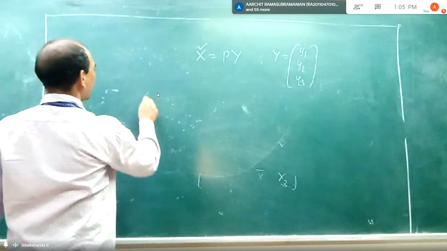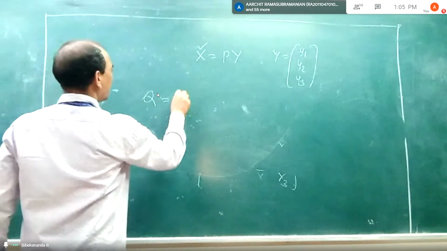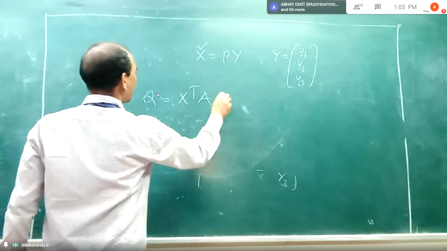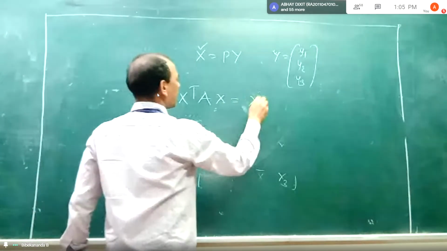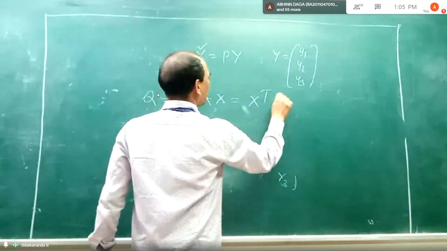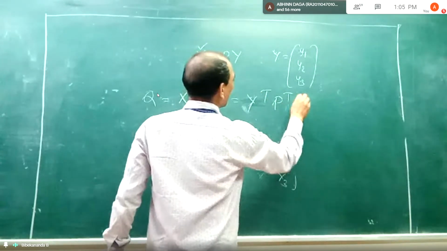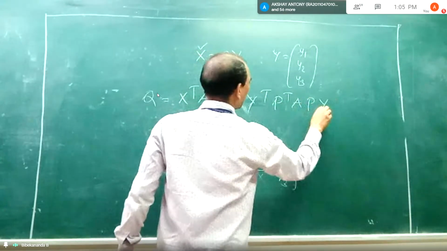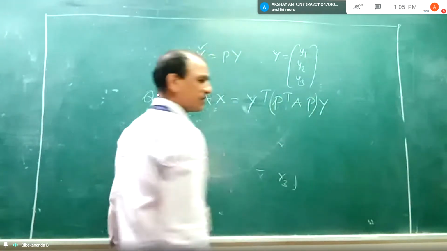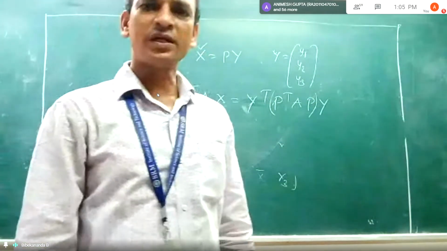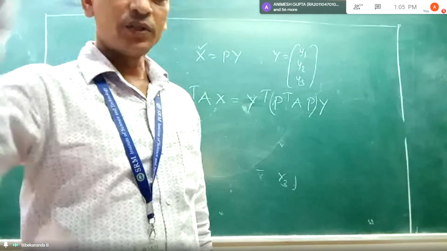We get Q equal to x transpose A x, which is equal to y transpose P transpose A P into y. But P transpose A P is nothing but D, the diagonal matrix with the eigenvalues as the diagonal entries.